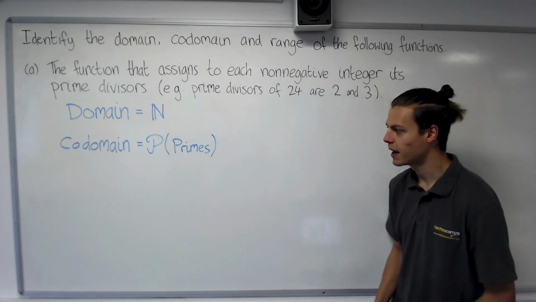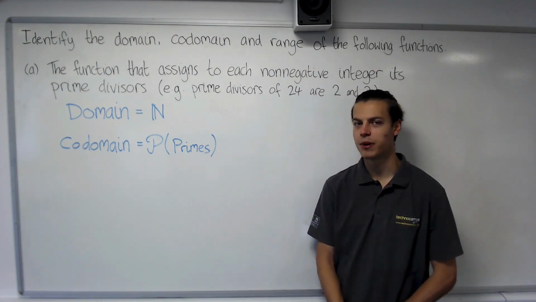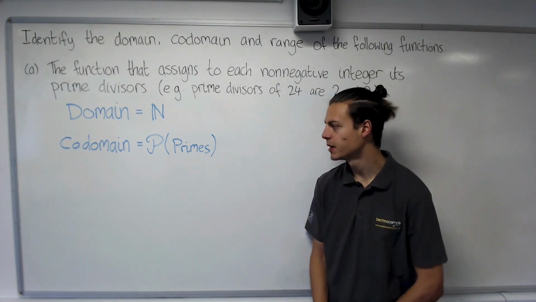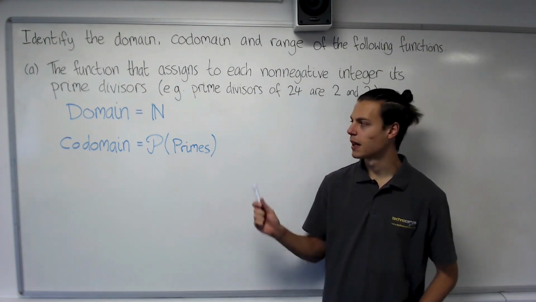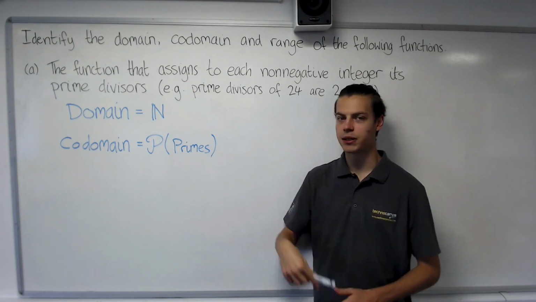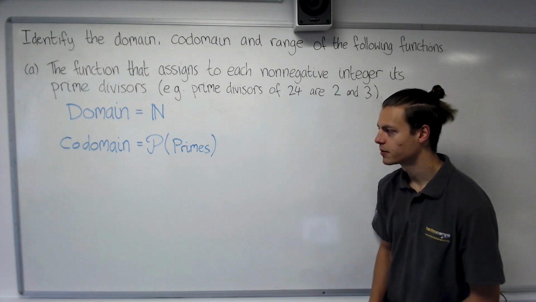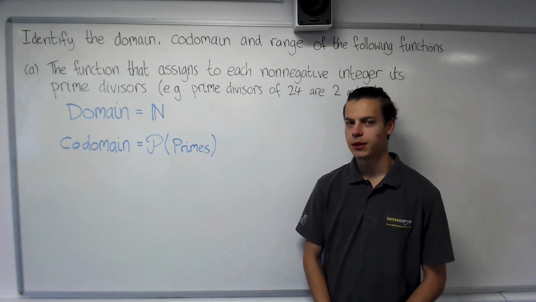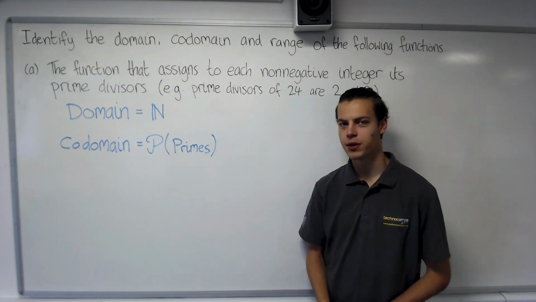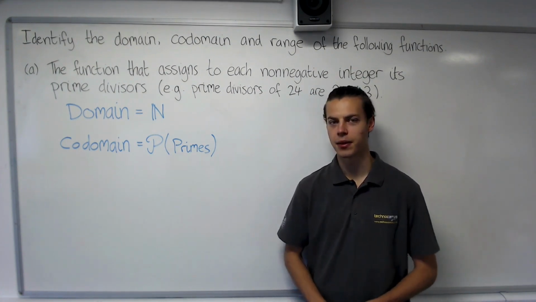Okay, so I claim that given any subset of prime numbers, any set of prime numbers, we can find a number such that this function will output that set of primes. Okay, so let's consider a set of prime numbers, right? What if you just multiply all the numbers in that set together?